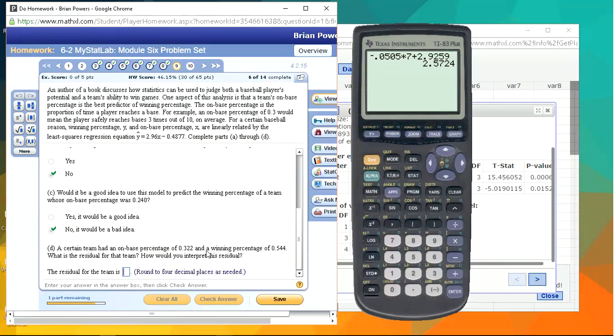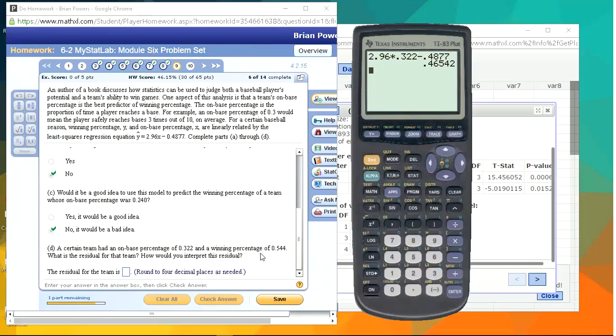Okay, so now we're going to calculate a residual. For an on-base percentage of 0.322 and a winning percentage of 0.544, what's the residual and how do we interpret it? So remember, for the residual, we put into the model 2.96 times this on-base percentage 0.322, that's the x value, and then we subtract 0.4877.